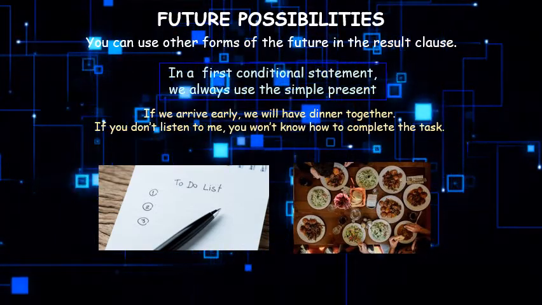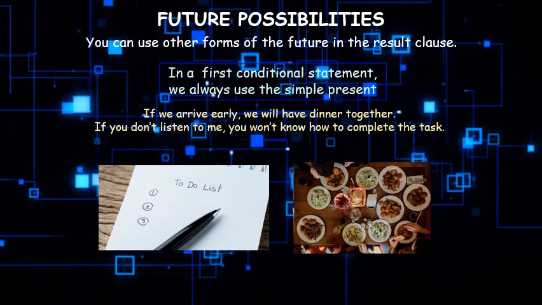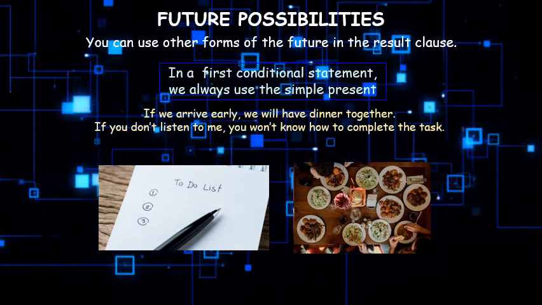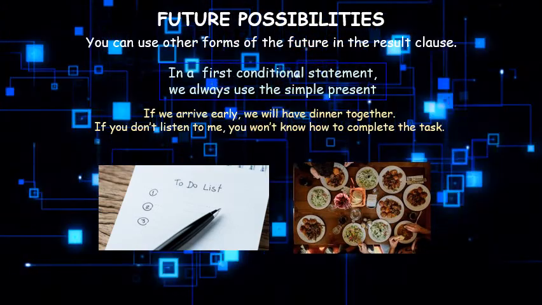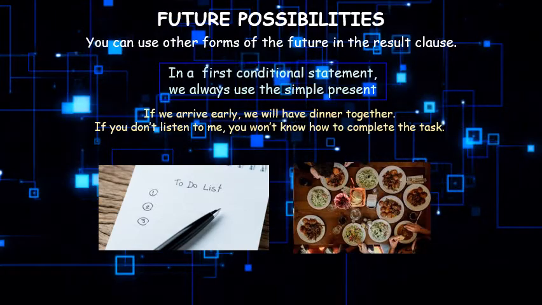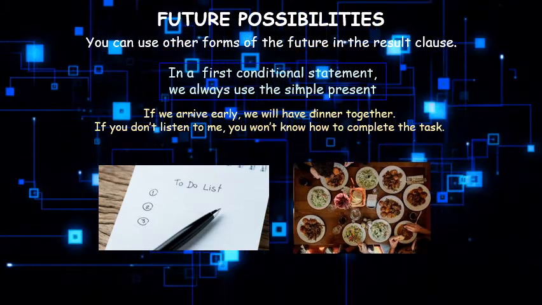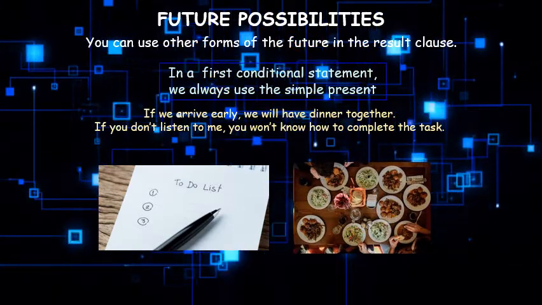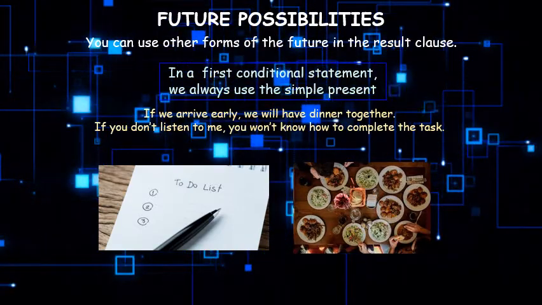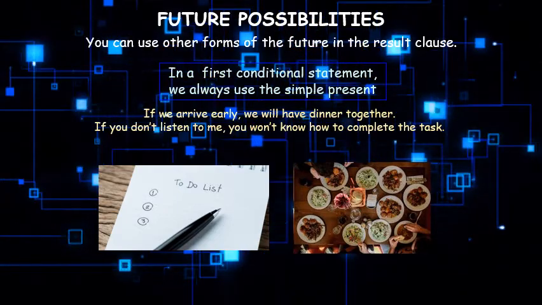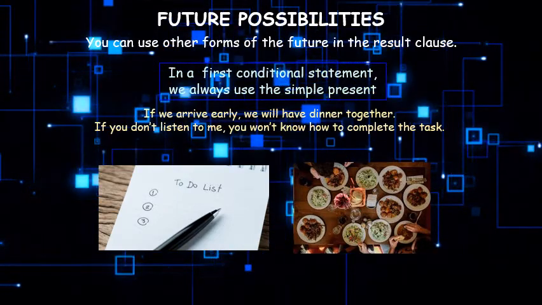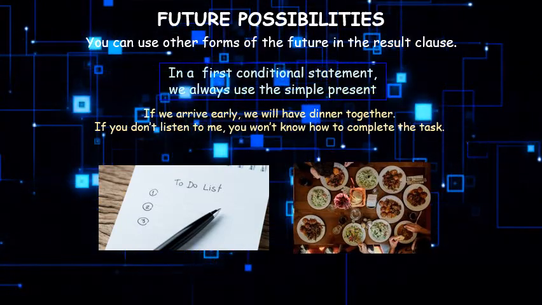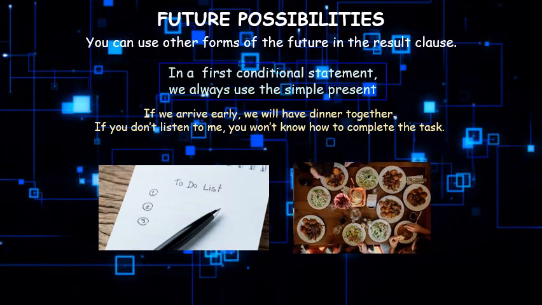And the other one is, if you don't listen to me, it's in present simple but in negative, presente simple pero en negativo, you won't know how to complete the task. Entonces, ese es el resultado of that person because he didn't listen, right? So, one more time, won't is the contraction of will not. La contracción de will not, que es el auxiliar en el futuro.